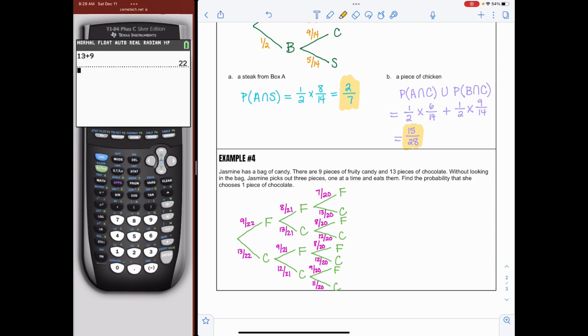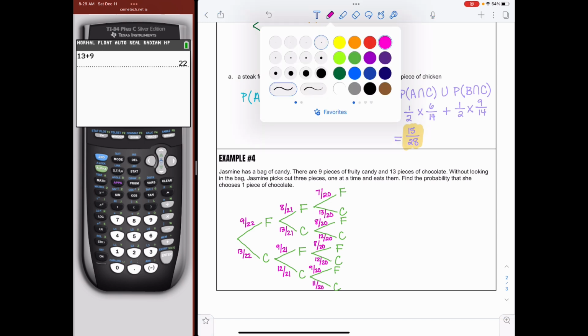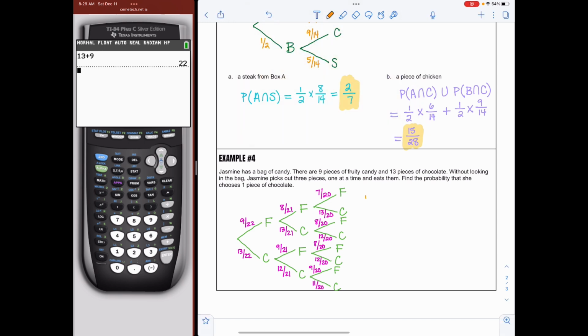It says, find the probability that she is going to choose one piece of chocolate. So when I find that probability, I'm finding the probability of the possible combinations. She's going to pick a fruity one and another fruity and a chocolate. Or she can pick a fruity, a chocolate, and then another fruity.